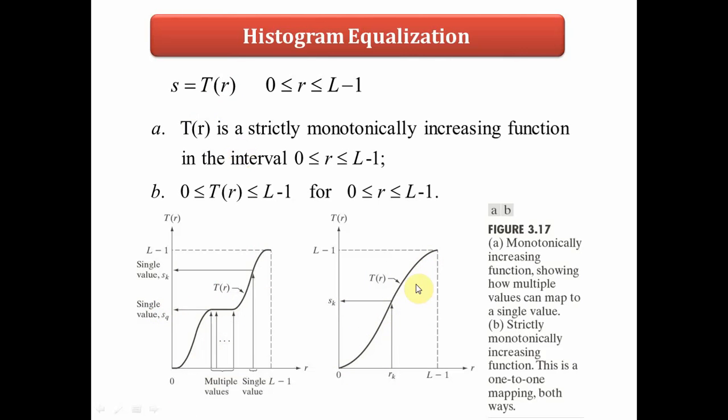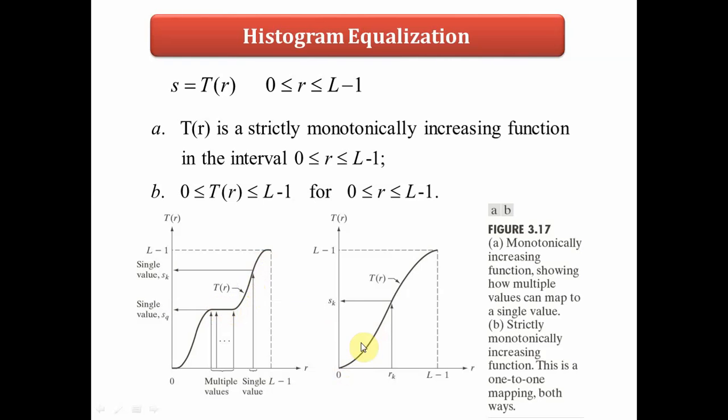So it is a monotonically increasing function showing how multiple values can map to a single value. It is increasing, increasing, then stable for multiple values, that is a single value S_q. Again it is increasing, increasing. So it is monotonically increasing as well as having some stable value.